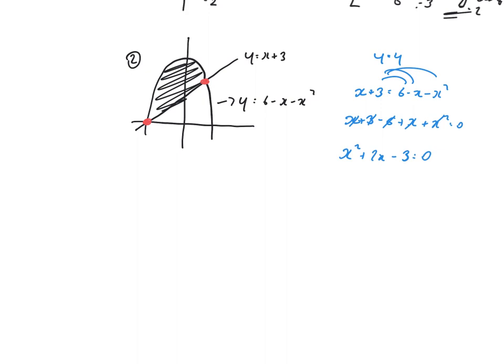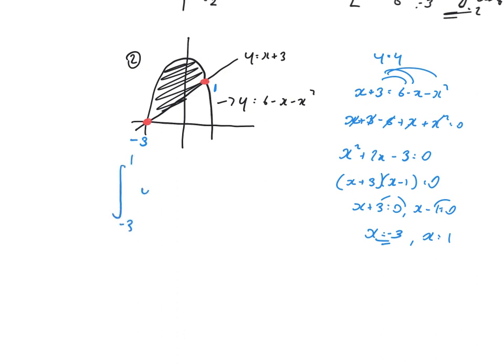Two numbers that multiply give minus 3 and together give 2. And that's plus 3 and minus 1. x plus 3 equals 0. x minus 1 equals 0. Bring that across, that will be x equals minus 3 and x equals 1. Okay, so there's my limits.